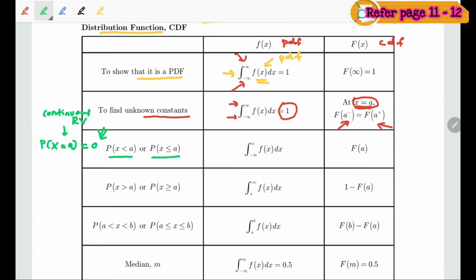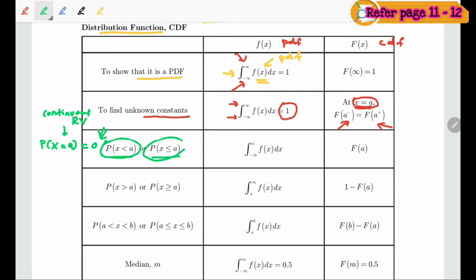When it's exactly equal to a, it doesn't give you any area, since continuous refers to area bounded, it should be in a range. So P(X < a) is equivalent to P(X ≤ a), because P(X = a) gives you 0.